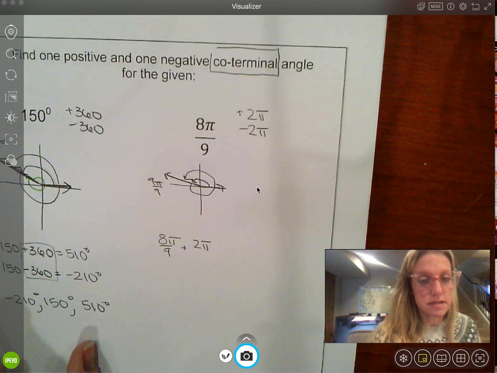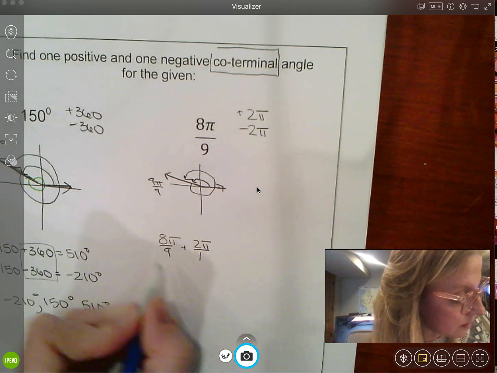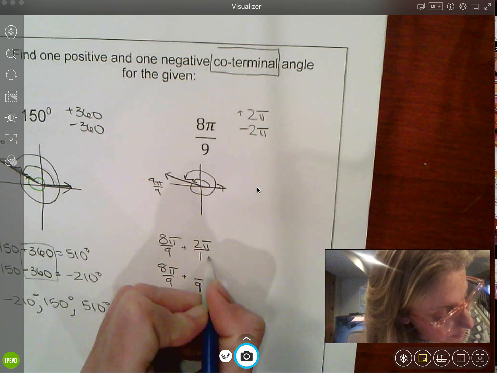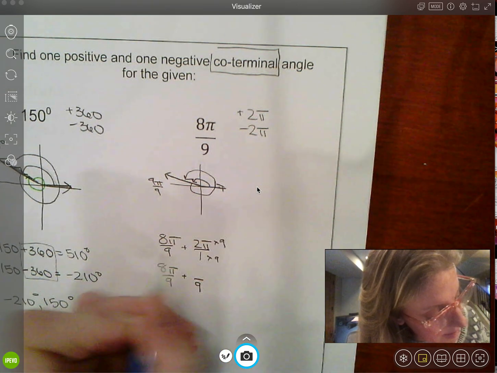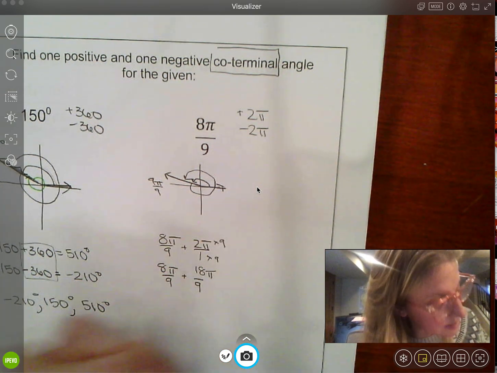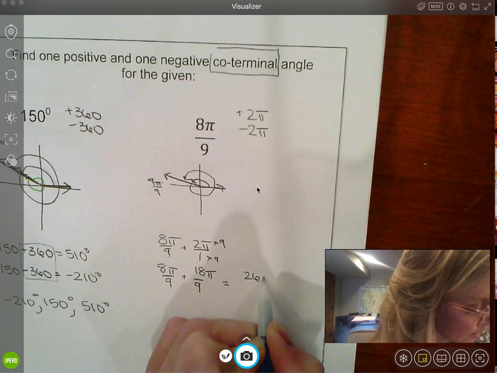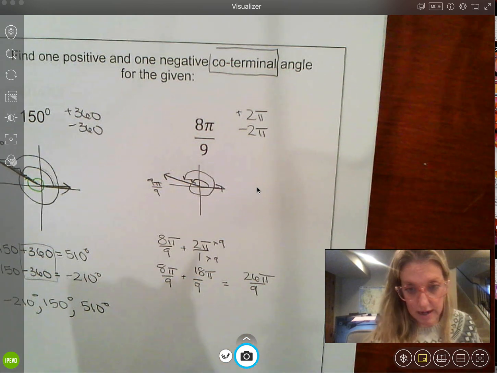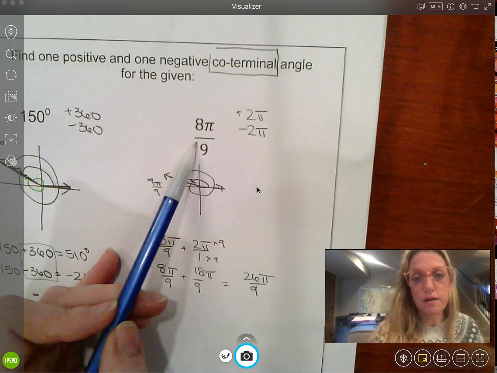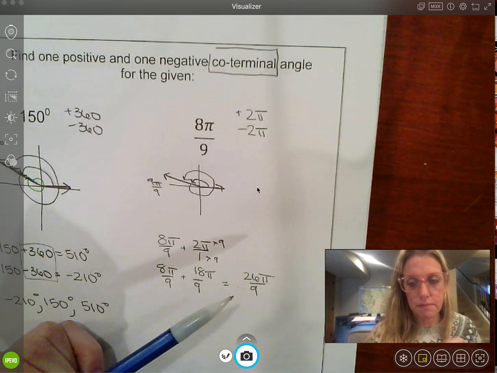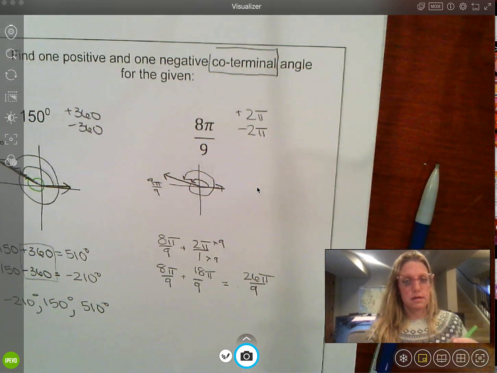If we take the time, let's get a common denominator. 8 pi over 9, and if I multiply top and bottom by 9, the equivalent of 2 pi is 18 pi over 9. So when I add them, I get 26 pi over 9. Okay, so far I know 8 pi over 9 and 26 pi over 9 have the same coterminal angle.